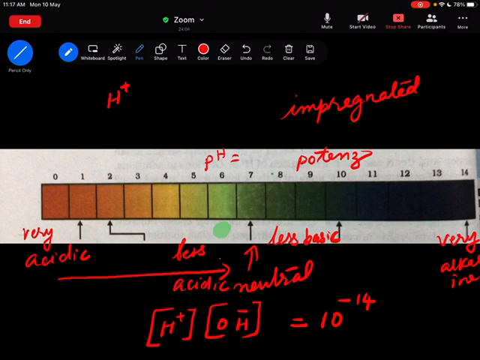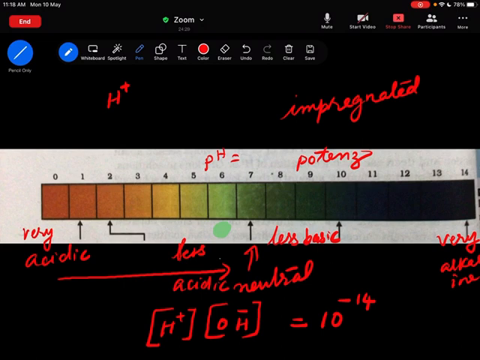What I said is, if we take hydrochloric acid and acetic acid of the same concentration, then these produce different amounts of H plus ions. Which will give more H plus ions?